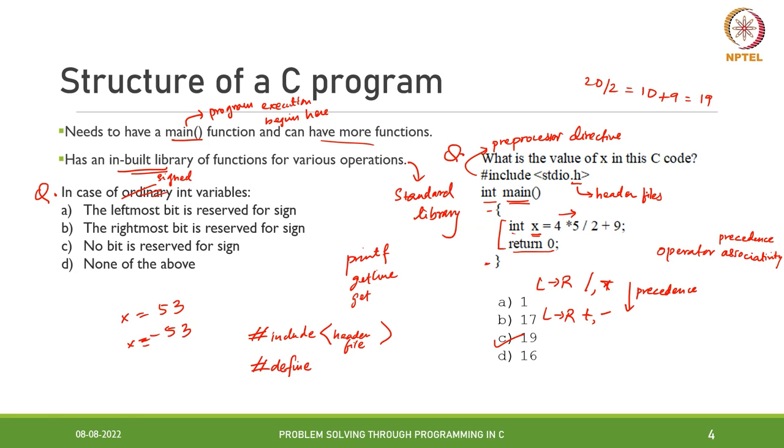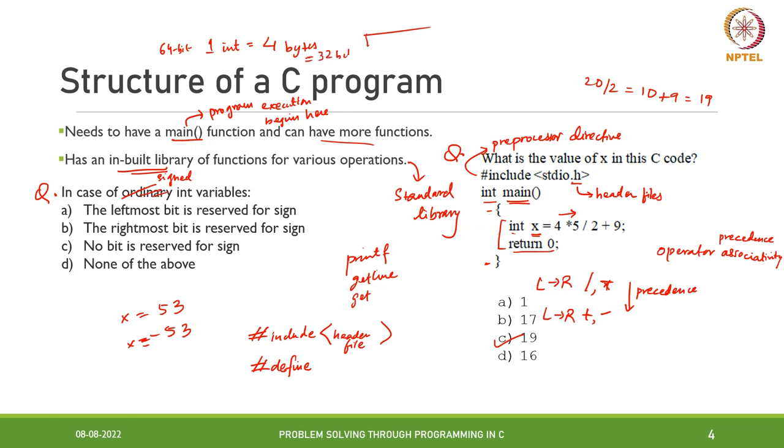So as you know, int variables occupy 4 bytes of space, right? One int, depending on whether it's a 64-bit or a 32-bit system. This is for a 64-bit system. So for a 64-bit system, you will have one int variable occupying 4 bytes of space. And if you remember, 1 byte is 8 bits, right?